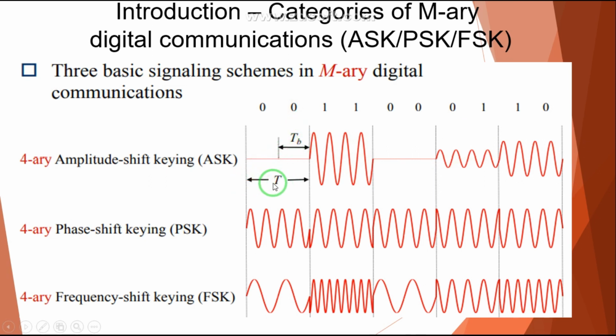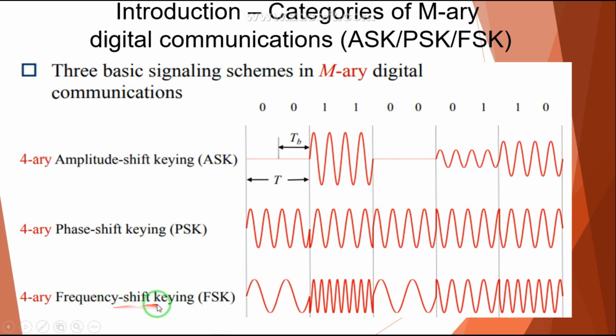Next is 4-ary phase shift keying. Depending on the transition from 0 0 to 1 1, or 0 0 to 0 1, or 0 1 to 1 0, we are going to select the phase. As I already told, the phase selection could be 180 degrees, 45 degrees, or 90 degrees, depending on the transition.